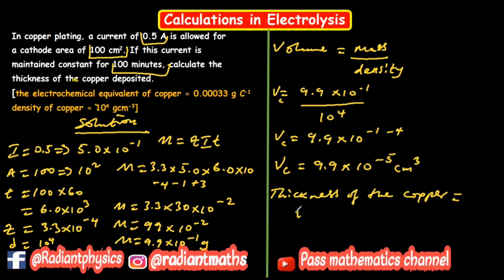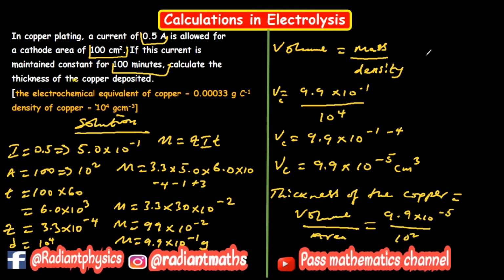So we're going to have 9.9 times 10 to the power of minus 5 over the area. The area is given to us somewhere here, which is 10 to the power of 2.